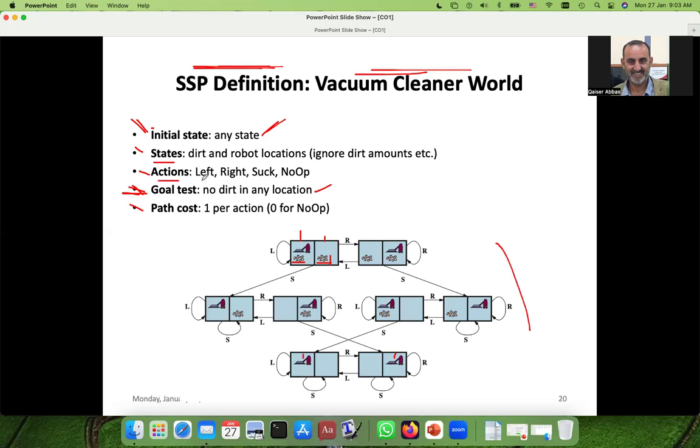What are the actions? The agent can go left, go right, suck up the dirt, or perform no operation. This is defined in the information of the problem, so you can write that these are the actions.